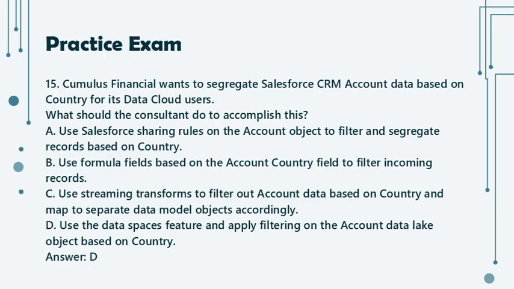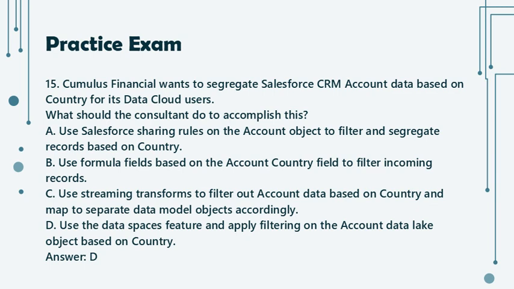15. Cumulus Financial wants to segregate Salesforce CRM account data based on country for its data cloud users. What should the consultant do to accomplish this? A. Use Salesforce sharing rules on the account object to filter and segregate records based on country.